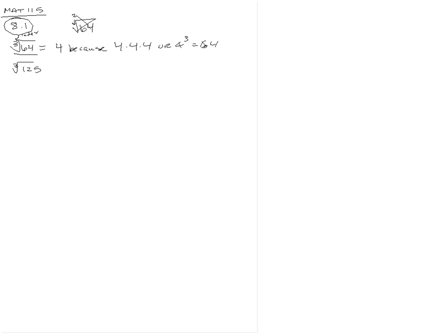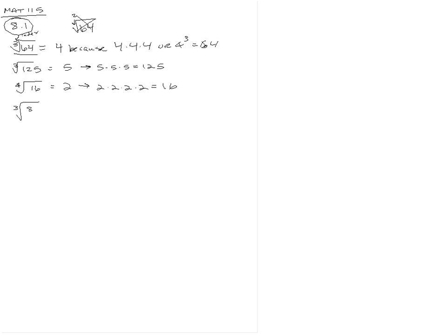Why? Because 5 times 5 times 5 equals 125. The fourth root of 16 is 2, because 2 times 2 times 2 times 2 equals 16, 2 four times.